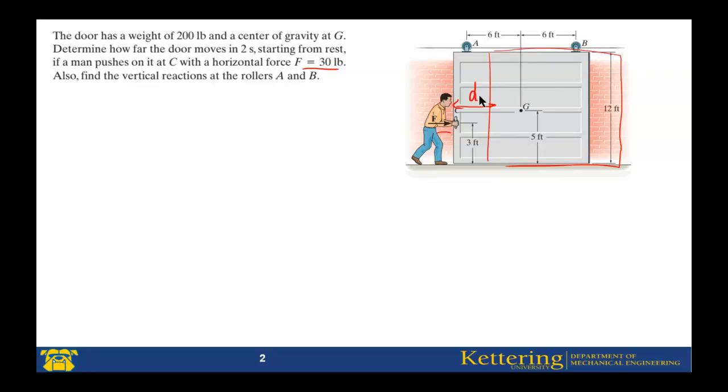Also, find the vertical reactions. These are the reactions at A and B. We are looking for these reactions. I will give you 1 or 2 minutes. Just think about this problem. If you want to write it down, you can. Then I will start to solve.